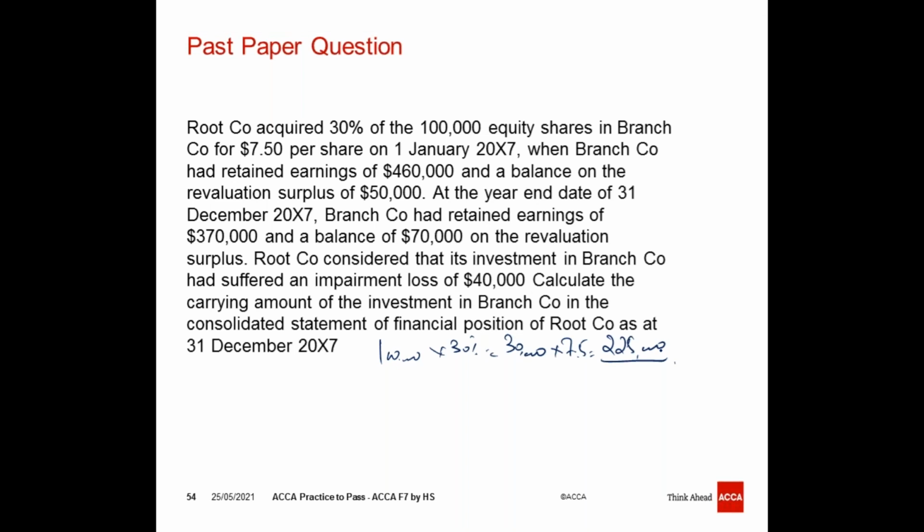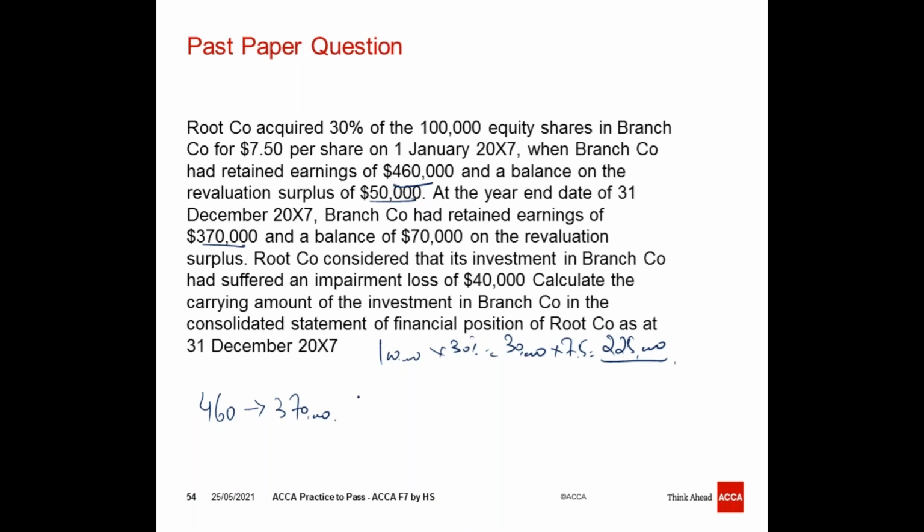And the branch had retained earnings of 4,60,000, and the balance on the revaluation surplus was 50,000. At the year end, at 31st December 2007, branch had retained earnings of 3,70,000. So from the date of acquisition till the year end, the retained earnings has gone down from 4,60,000 to 3,70,000.